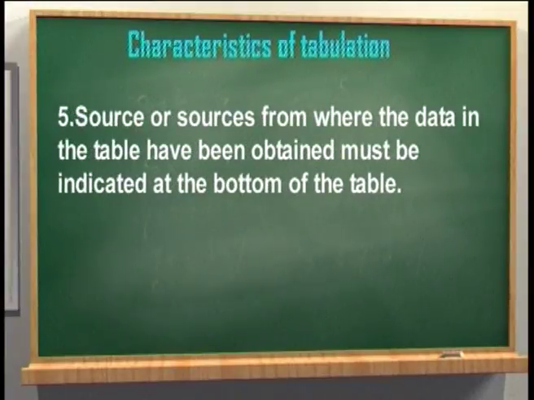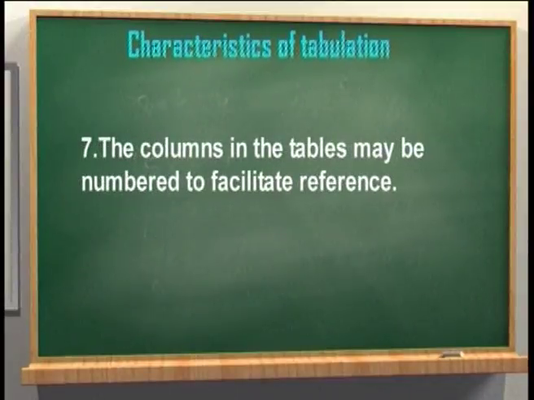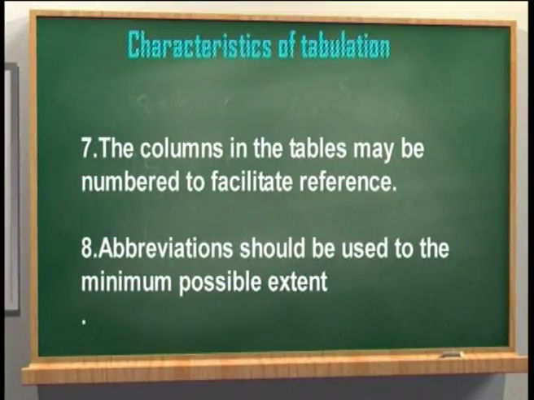Source or sources from where the data in the table have been obtained must be indicated at the bottom of the table. Explanatory footnotes, if any, concerning the table should be given beneath the table along with the reference symbol. The columns in the tables may be numbered to facilitate reference. Abbreviations should be used to the minimum possible extent.